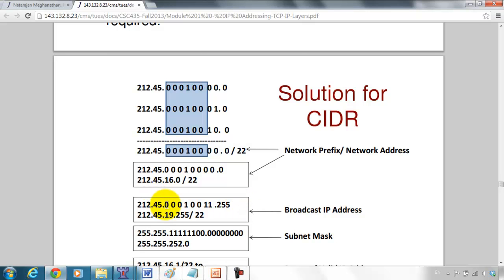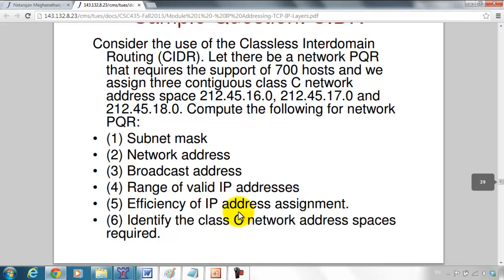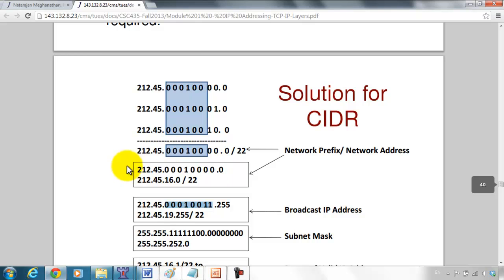So now if you put these 8 bits together, this is 16 plus 2 plus 1, 19.255. So now you see, even though you purchased only 3 class C address spaces, 16.0, 17.0, 18.0, because of this, you need to also purchase a 19.0 address space. Okay, so that's your broadcast IP address.